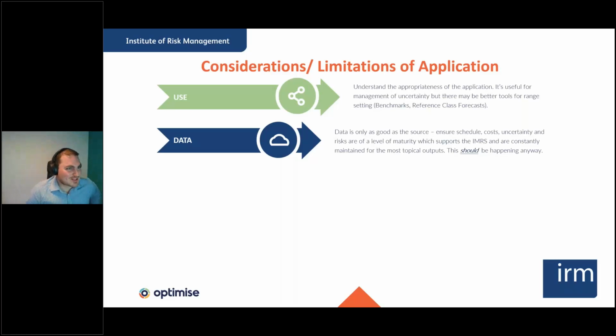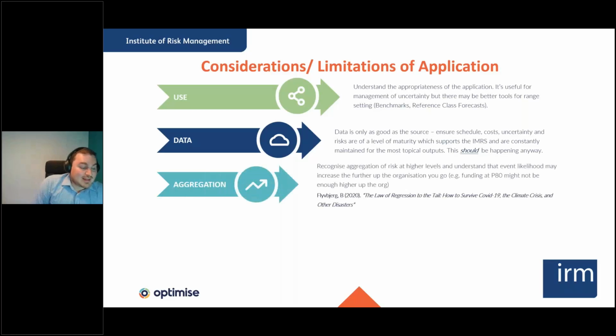Down in project space, down in BAU space, people will be keeping things topical all the time anyway. The same should be happening in program space, the same should be happening in portfolio space. So it shouldn't be a huge overhead to keep it topical once it's been built. It'll just be a case of looking at your organization, understanding where it is on the journey of maturity, and understanding what build states we have to do to get to a point where we can start running something like an IMRS.